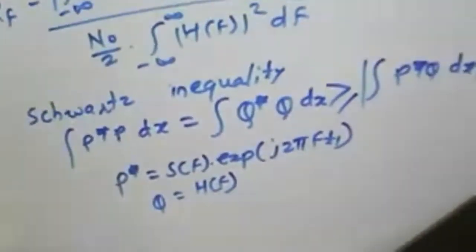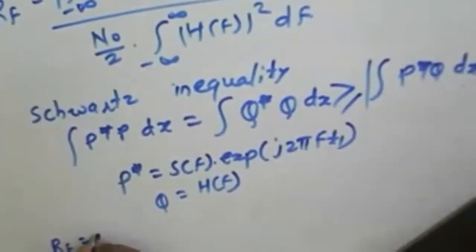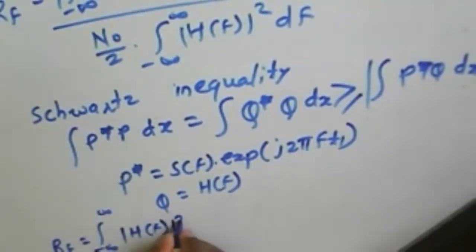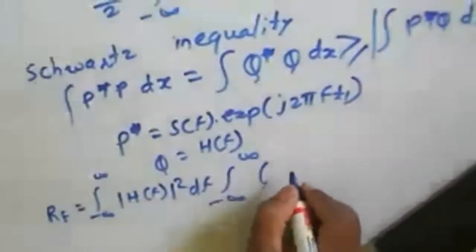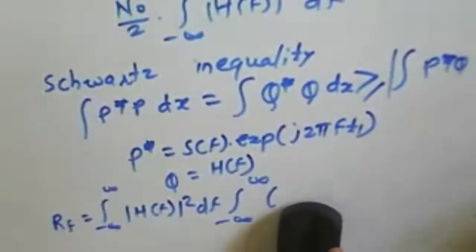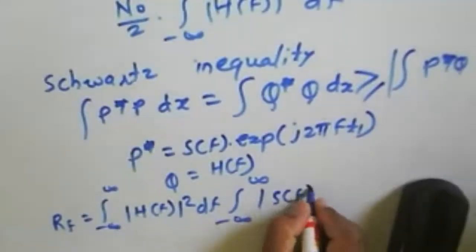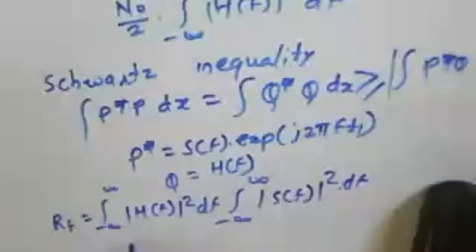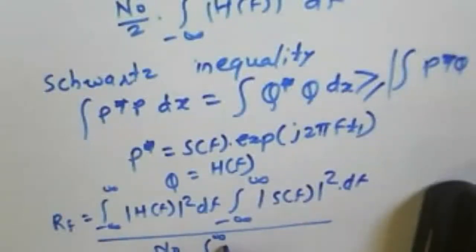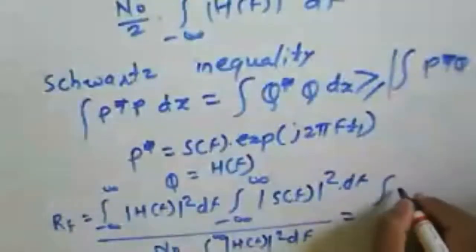So we get R of f equal to the integral from minus infinity to infinity of mod h of f squared df times the integral from minus infinity to infinity of mod S of f squared df, divided by n0 by 2 times the integral from minus infinity to plus infinity of h of f squared df. We can say that this is twice of it.